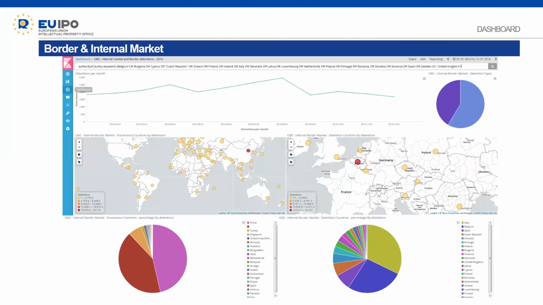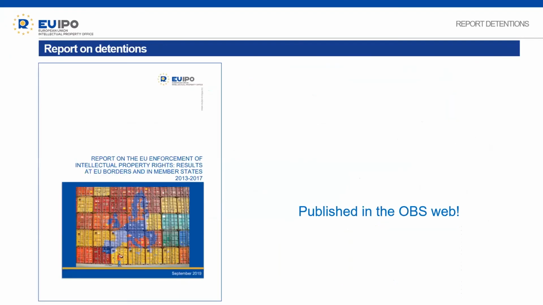So it allows a big play. For the time being, what we are doing with this data is publishing reports. They can be found on the web of the Observatory of the EUIPO. You find the link to the Observatory on the EUIPO webpage. And there you can find all our studies and also the detention reports to get an idea of what's going on in the EU in the last years.